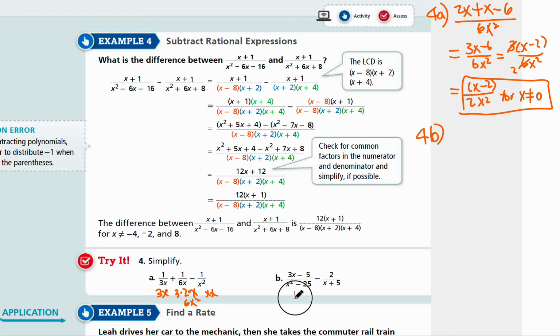So this one, if you factor the first denominator out, you have x minus 5 and x plus 5. So the LCM would be just x squared minus 25, right? So your first fraction, you don't have to multiply anything, but the second term you have to multiply by x minus 5 because you don't have that factor.